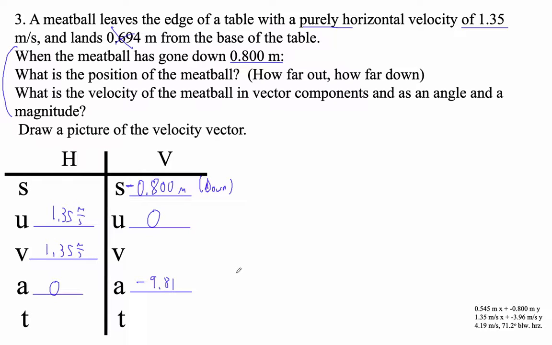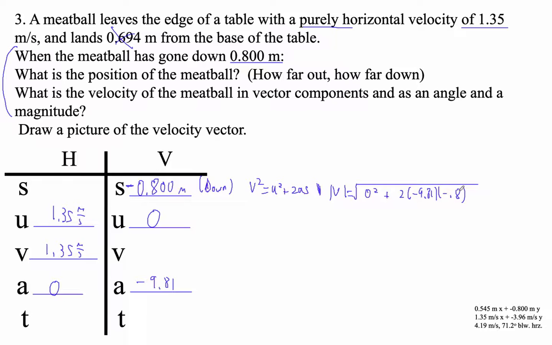I'm going to use v squared is u squared plus 2as. So the absolute value of v is the square root of 0 squared plus 2 times negative 9.81 times negative 0.8.